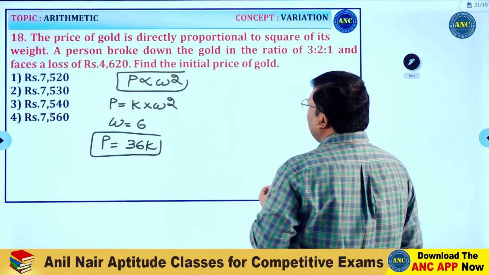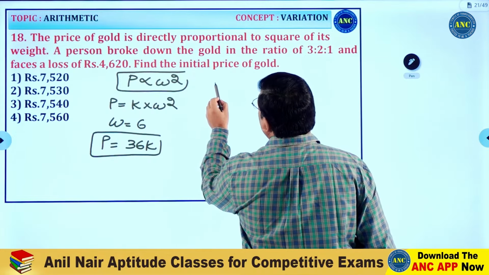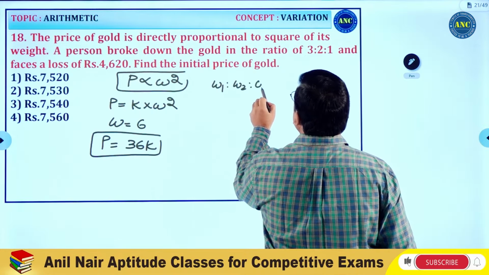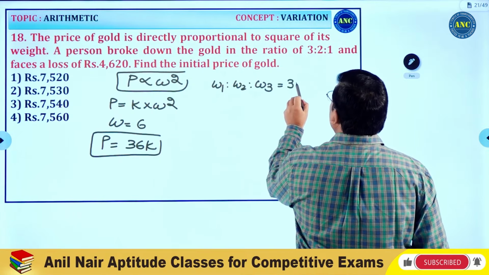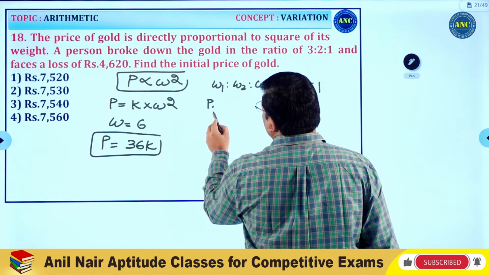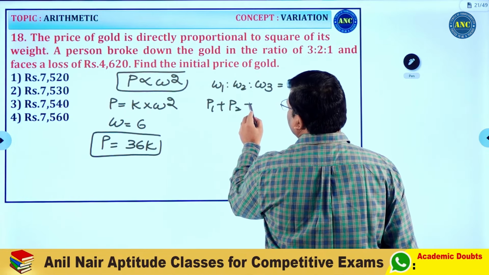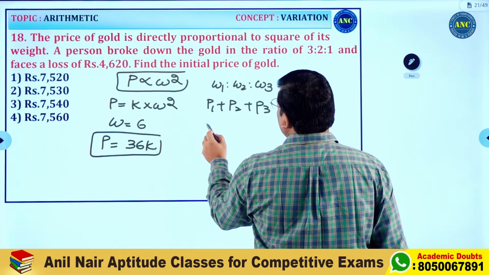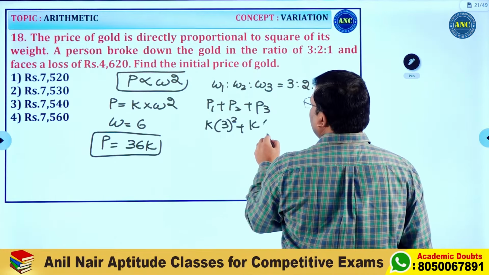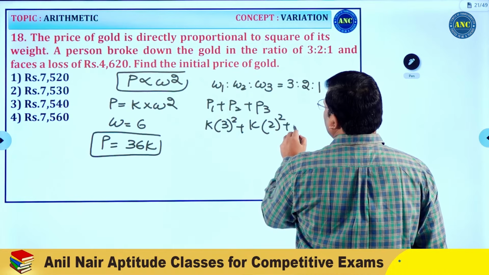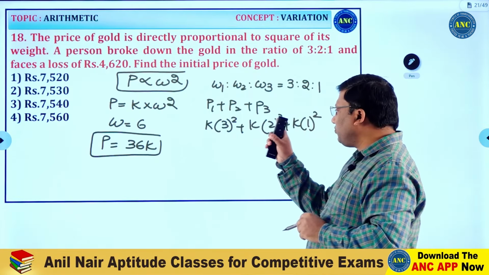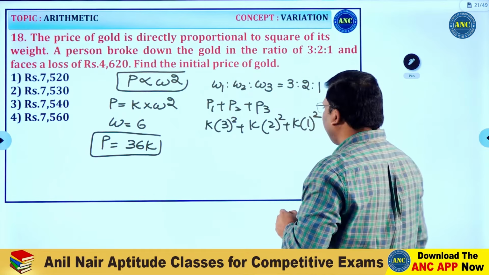What has happened? It has been divided into 3 parts. W1 is to W2 is to W3 is 3 is to 2 is to 1. So P1 plus P2 plus P3 will be k into 3 square plus k into 2 square plus k into 1 square. 9 plus 4 is 13, 13 plus 1 is 14.